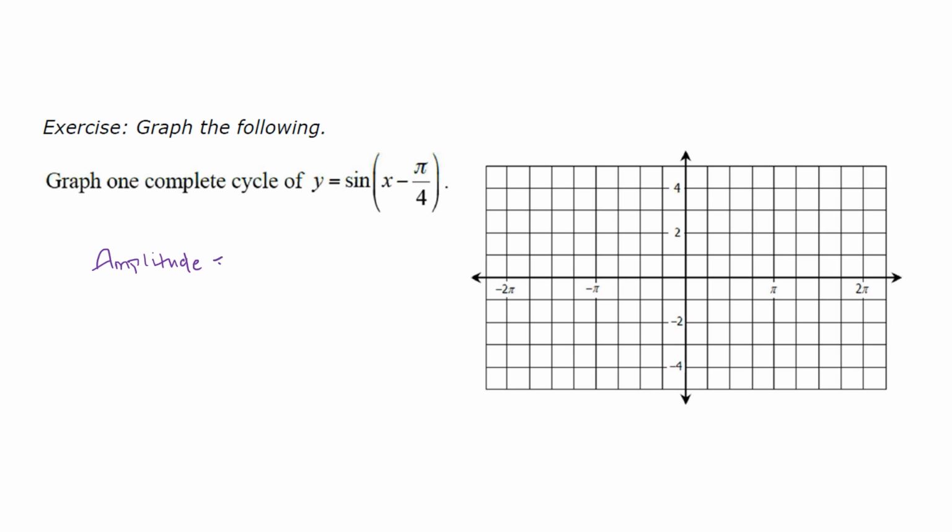So the amplitude is going to be 1 in this equation. The period is going to be 2 pi over the absolute value of b, which is 1. So that'll be 2 pi.